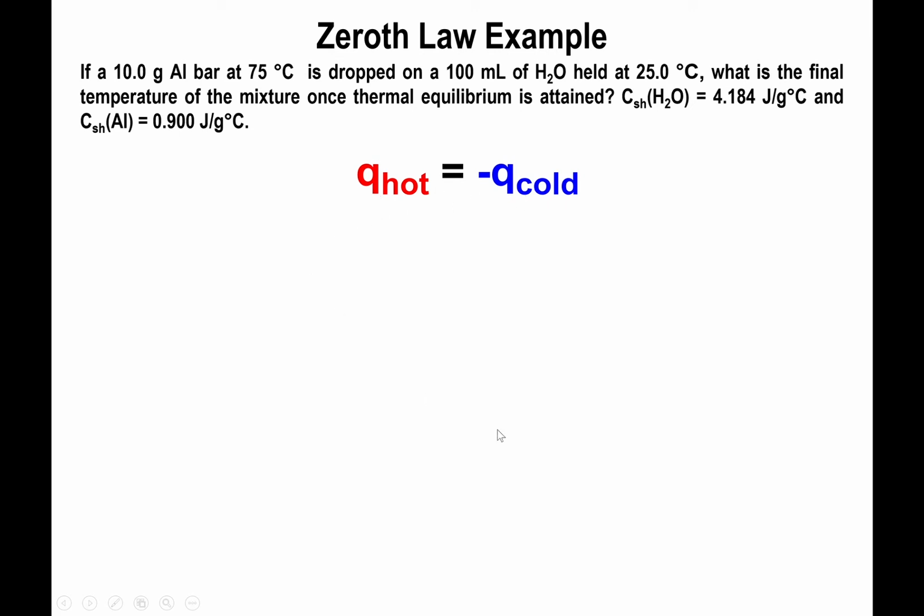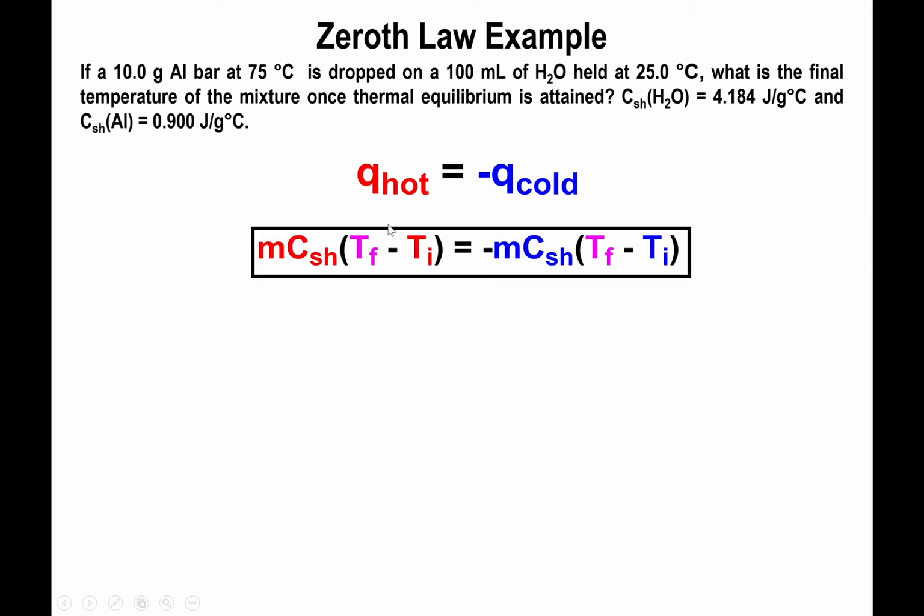All right, so what we need to do now is rewrite Q hot and Q cold in terms of MCΔT. Specifically, we'll have the mass of aluminum, the hot object, multiplied by its specific heat capacity, multiplied by its final temperature minus the initial temperature. And the same thing is true for the cold substance. We'll multiply the mass of the cold substance by its specific heat and its change in temperature, T final minus T initial. But make sure that you input this negative in front of Q cold.